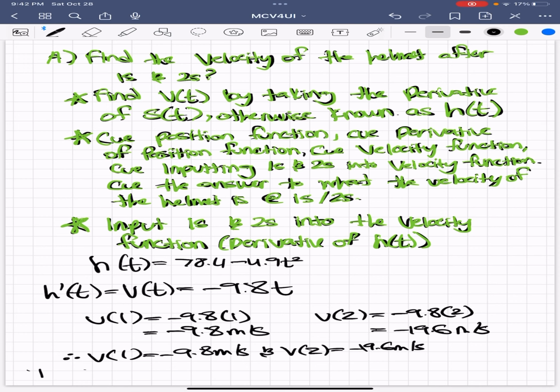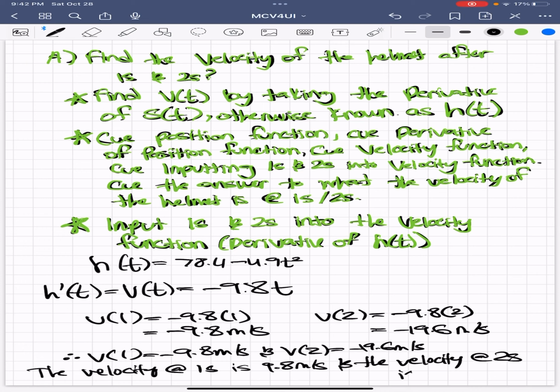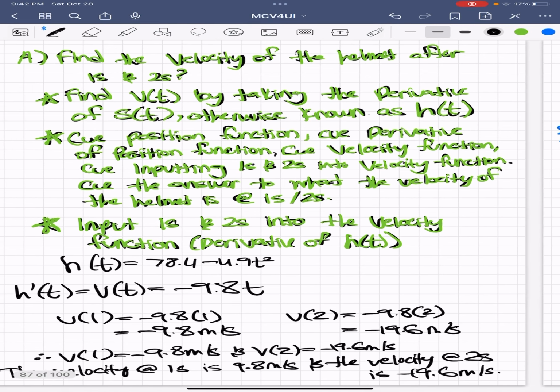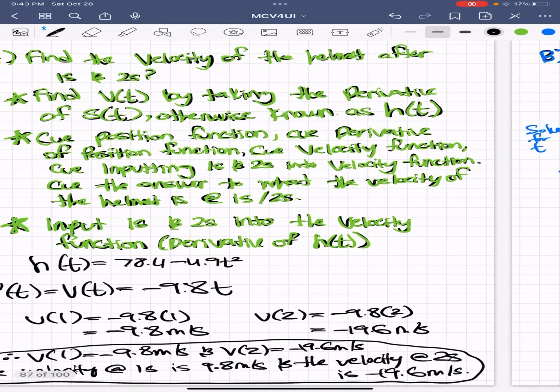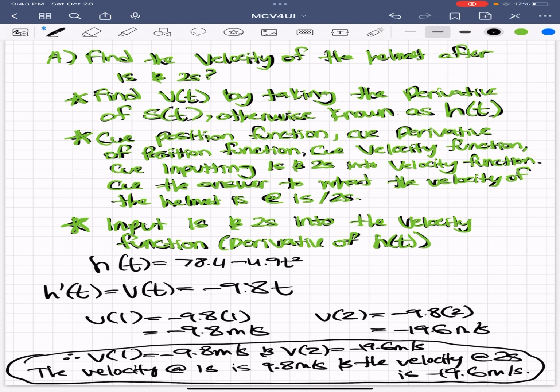So the velocity at 1 second is negative 9.8 meters per second, and the velocity at 2 seconds is negative 19.6 meters per second. Then we do a big old circle around our therefore statement. Moving on. Actually, I'll give you a minute to write that down.